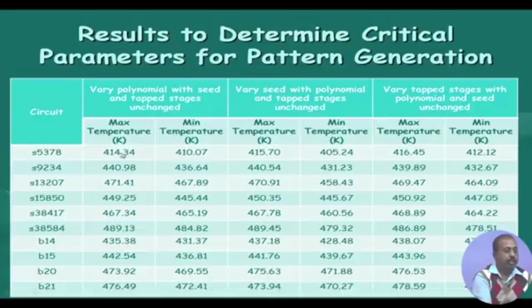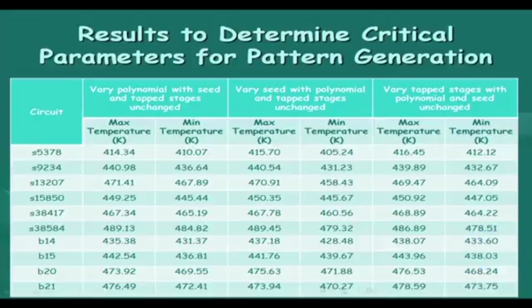You see there is a variation of about 4 degrees. Similarly, if you vary the seed with the polynomial and tapped stages unchanged, this gives rise to a variation of 15 degrees. And if you change the tapped positions feeding the AND gate, with the polynomial and the seed kept unchanged, this gives a variation of 4 degrees. For example, for the B21 circuit, this gives a variation of 5 degrees, this gives a variation of 3 degrees, this gives a variation of 4 degrees.